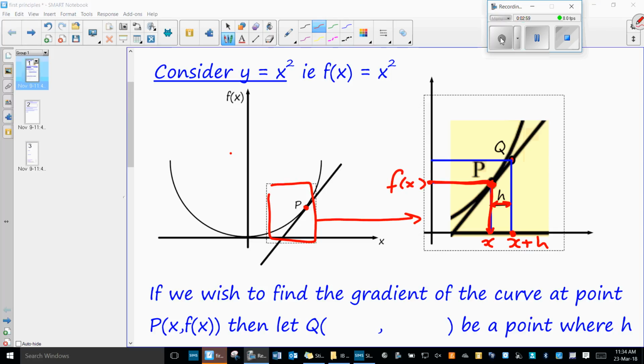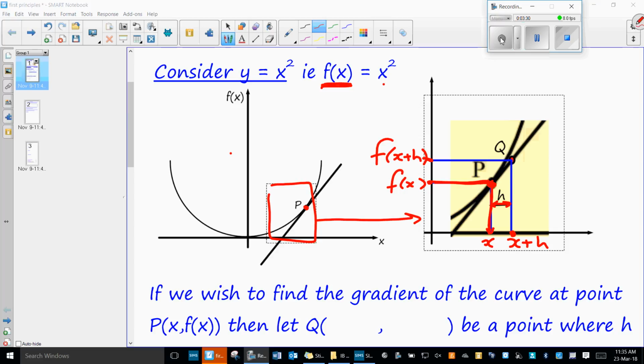Because my function, I'm going to stick the value of x into it, so it would give me f of x. How could I describe this y value? It's the h that we've added on, so this would be f of x plus h. You all with me?